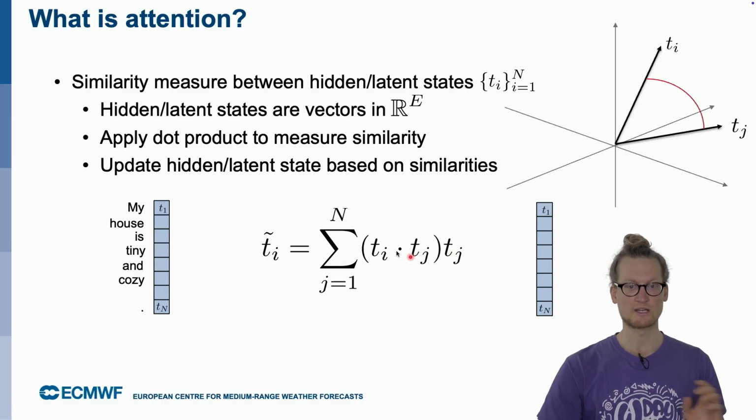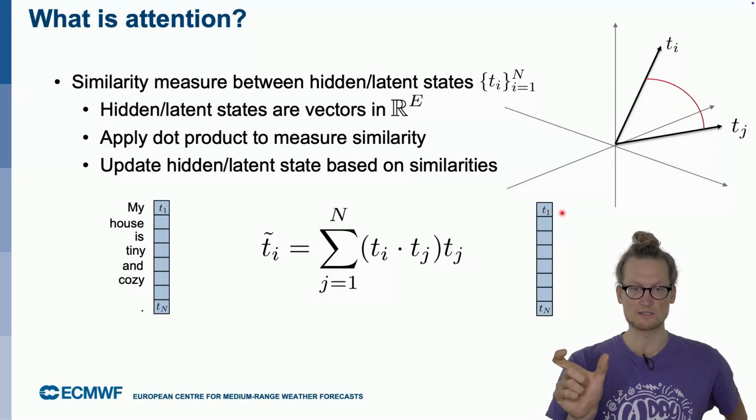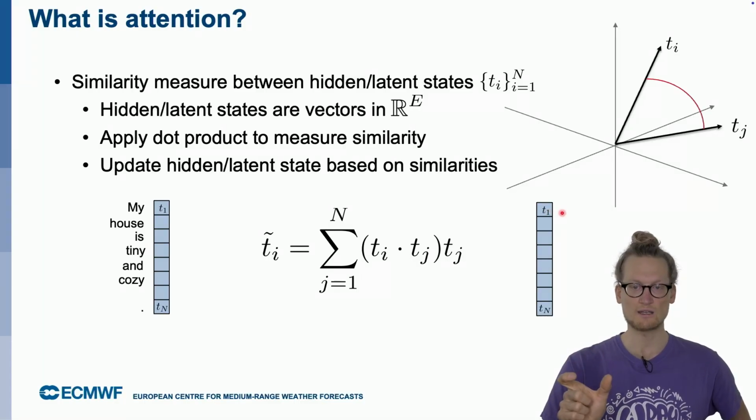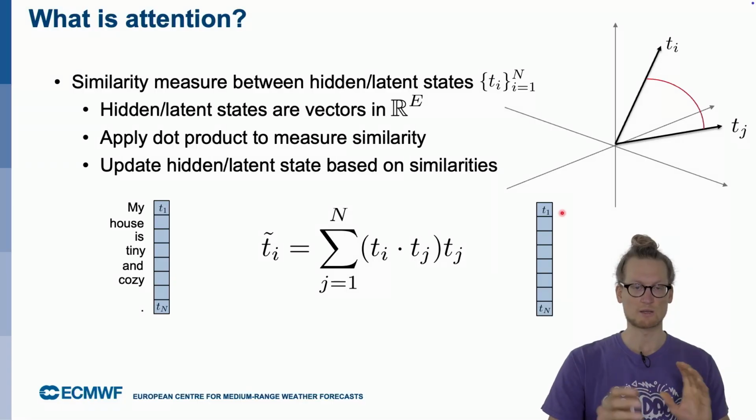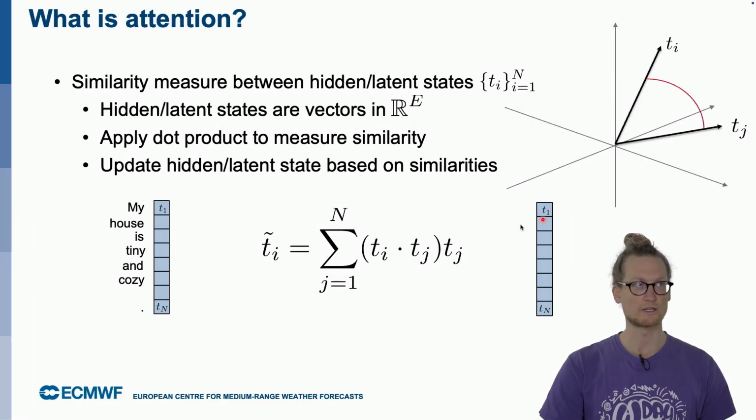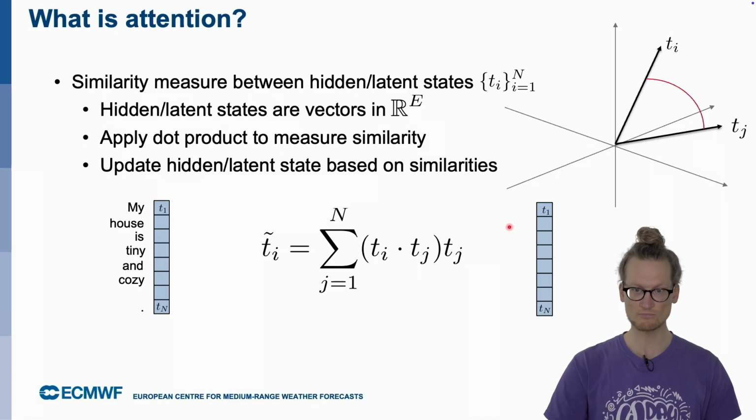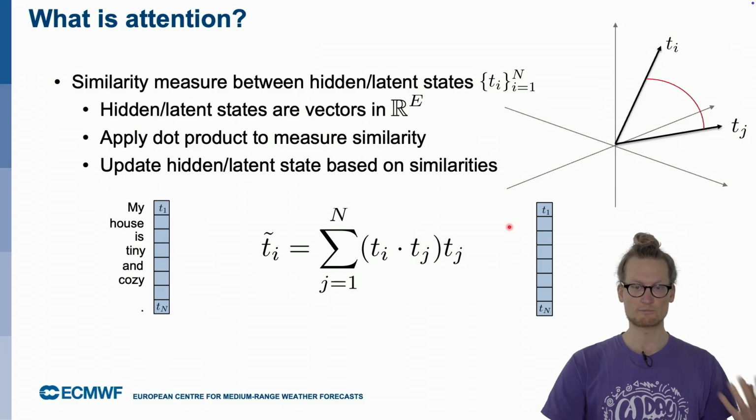Then t̃_i will contain much of "my" and much of "tiny". So in the next layer, we have this t̃_i containing lots of information from different tokens. This is the principle of the attention mechanism.